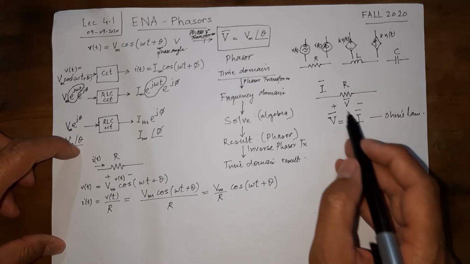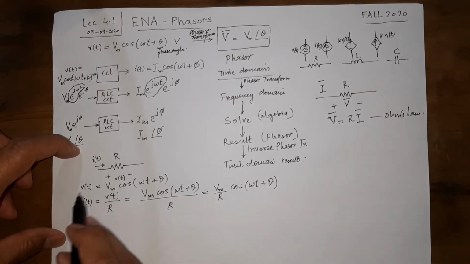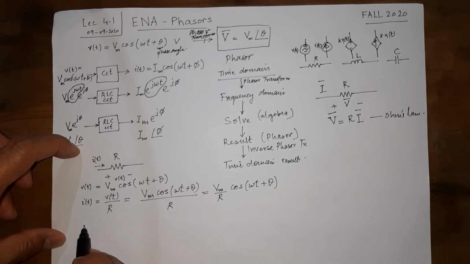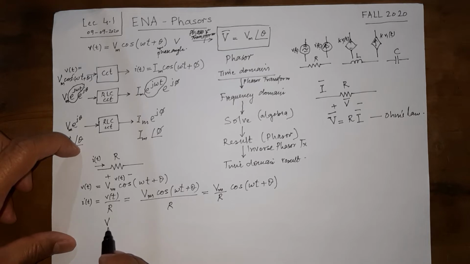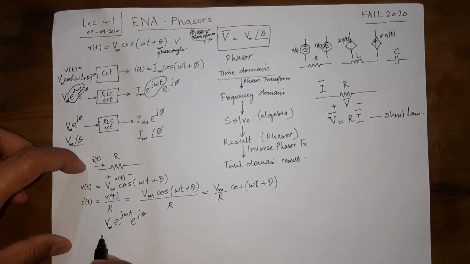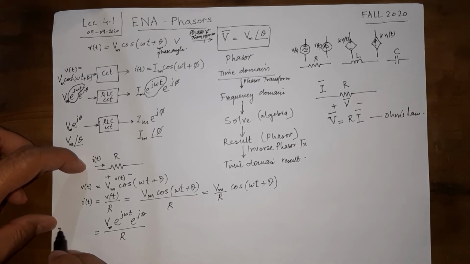Why is this possible? We can do all that analysis here as well. If the voltage is a complex voltage, it is Vm e raised to the power j omega t, e raised to the power j theta, then the current through that R would be a complex current Im e raised to the power j omega t, e raised to the power j phi, and we see that the e to the j omega t terms will get cancelled.